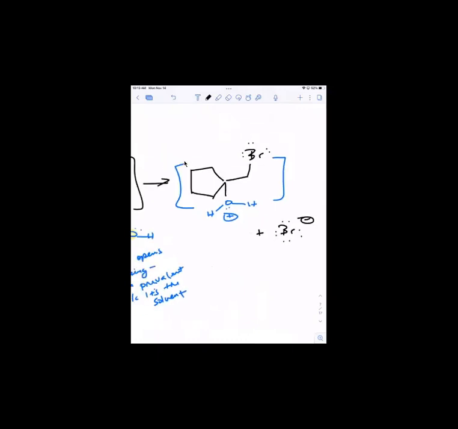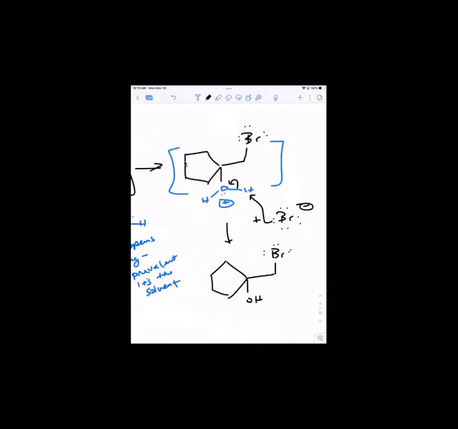Do you draw an arrow from Br to one of the hydrogens? So like that? Yes. Mm-hmm. So the last step would just be to do a proton transfer. And then that way I'll have my halohydrin plus HBr.